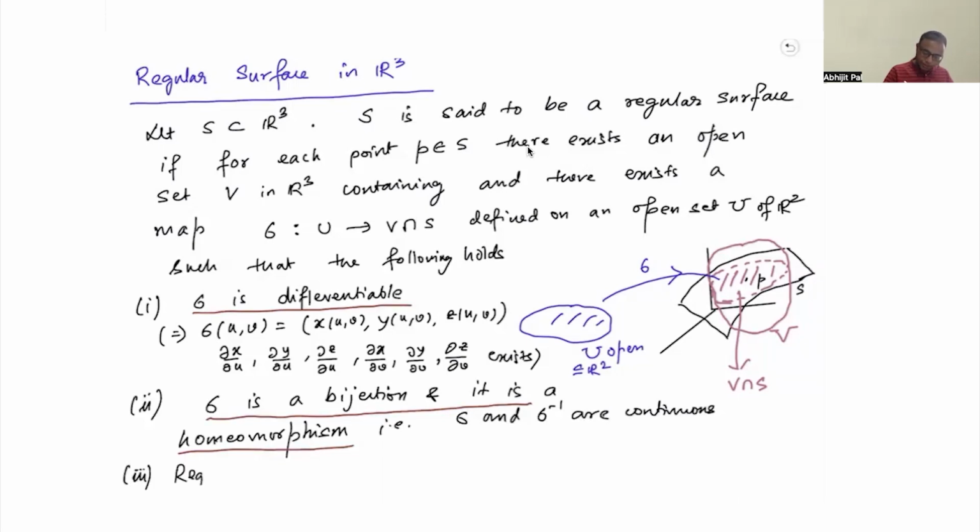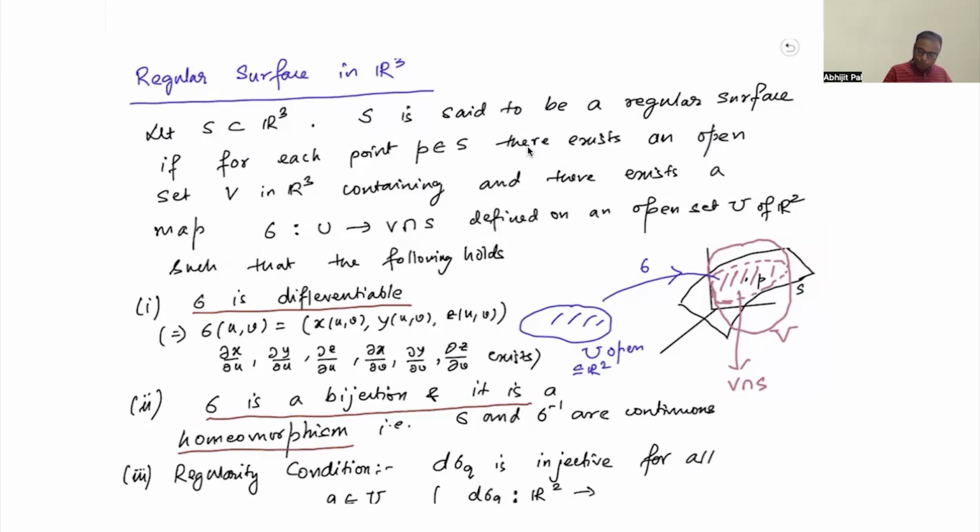So what is this regularity condition? If I take the differential of sigma, d sigma at q is injective for all q belonging to this open set U. Note that this d sigma q is a map from R2 to R3, so this is a linear map.